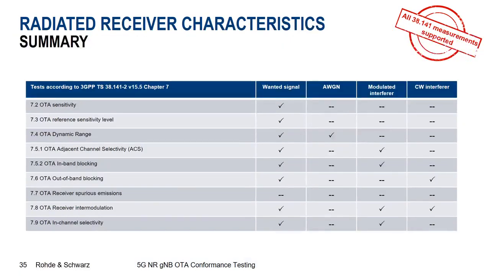The same is with the radiated receiver characteristic tests. So chapter 7. Also here you need again wanted signals and interfering signals. Now of course with different bandwidth and higher frequency ranges.